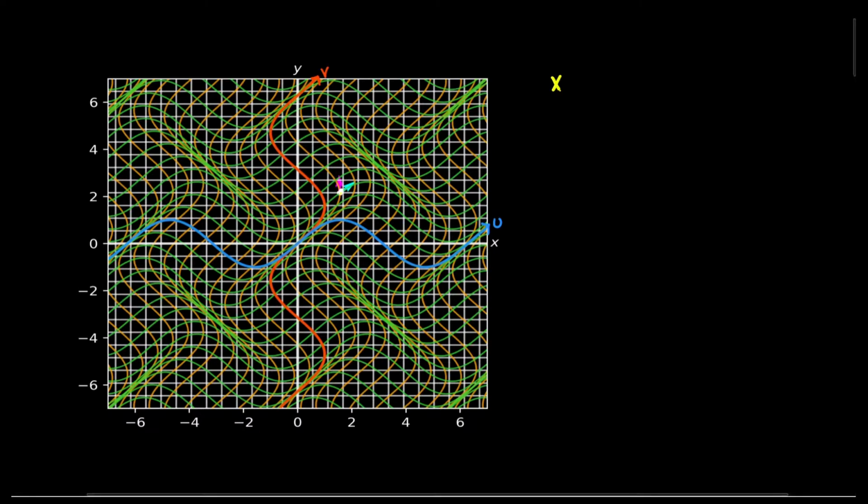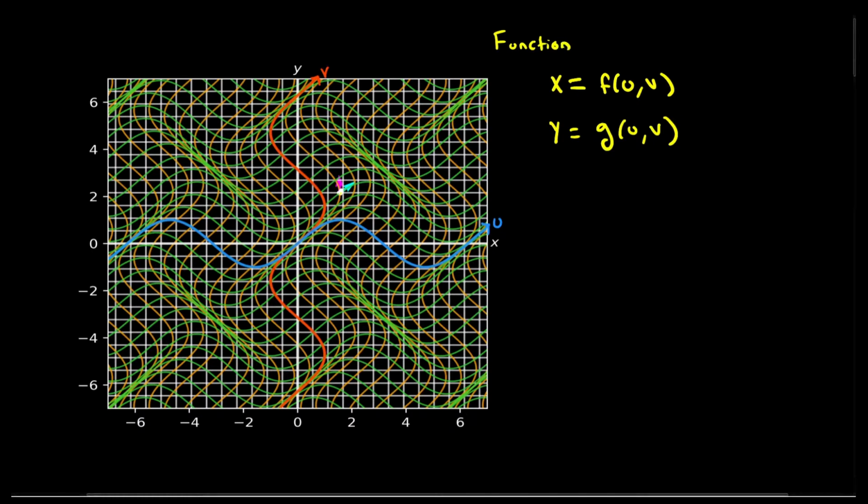So equation-wise, what we have here is that x is going to be some function f of (u, v), and y is going to be some function g of (u, v), which we can think of as a two-dimensional mapping of points in uv space into xy space, the two-dimensional Cartesian plane.